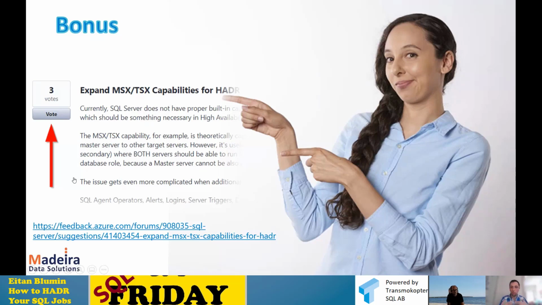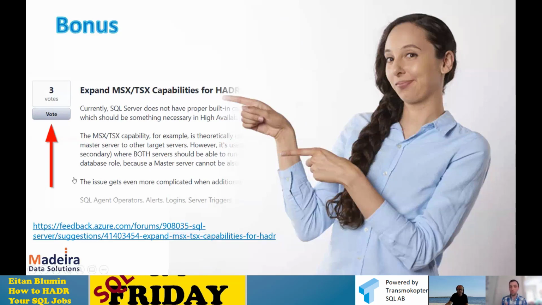because it means that the only way for us to use it is if we set up a dedicated server whose whole purpose is to be a master server that synchronizes jobs to other target servers. I mean, that could be reasonable if I could set it up as an Express Edition server or something like that.